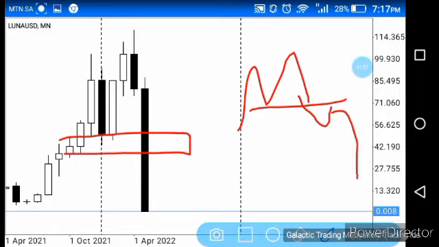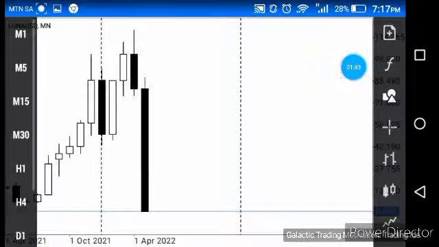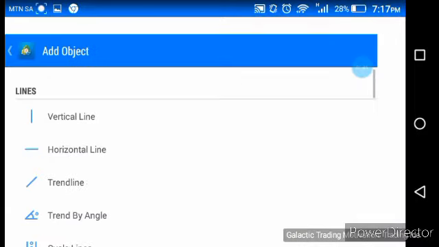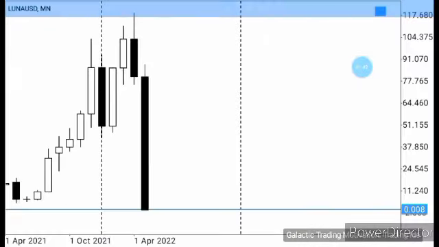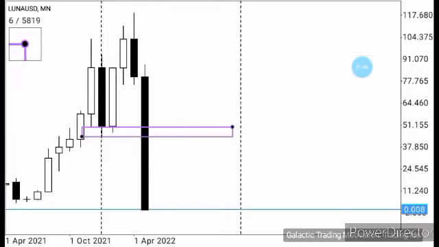However, on this particular chart, we did not see a retracement back to the neckline and a continuation of price towards the downside. But for now, I'm just gonna add a neckline so that we don't forget about this important area right here.